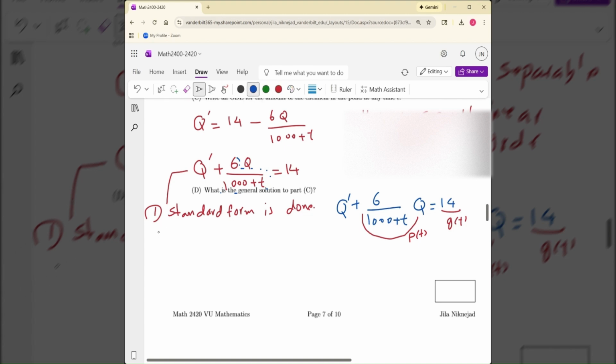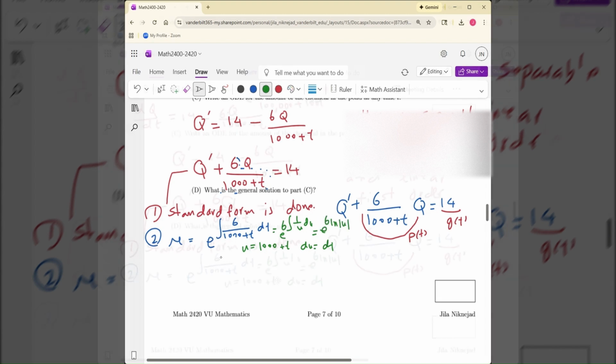And then the second step is to find mu equal to e to the power integral 6 over 1000 plus t dt. I have to do a u substitution, u being 1000 plus t, du being dt. So this becomes e to the power 6 integral 1 over u du, or e to the power 6 ln of absolute value of u.